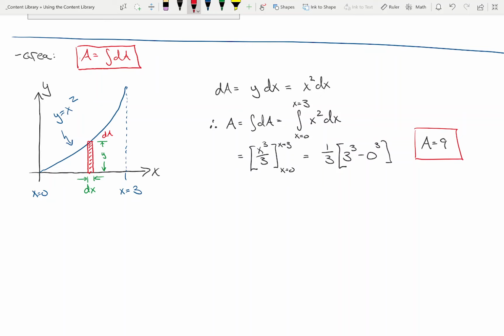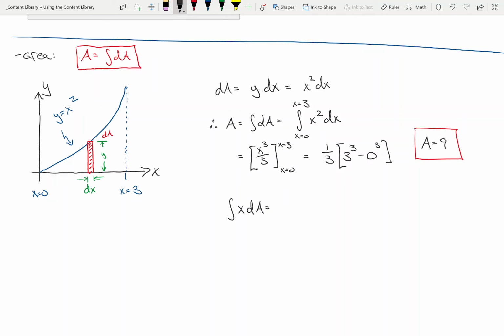Now, with this definition, what I can also do is I can also develop the following term. I can say, what about the integral of x dA? Now, why am I doing x dA first? Because I'm able to write dA in terms of x. Okay?